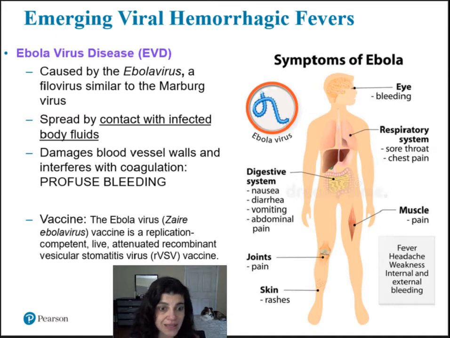Okay, there is a vaccine that is a replication-competent live attenuated recombinant vesicular stomatitis virus vaccine. What is that? You have a virus for stomatitis, which is not a pathogenic virus in this case because it is attenuated, and they recombine, or add, parts of the Ebola virus to this non-pathogenic virus.